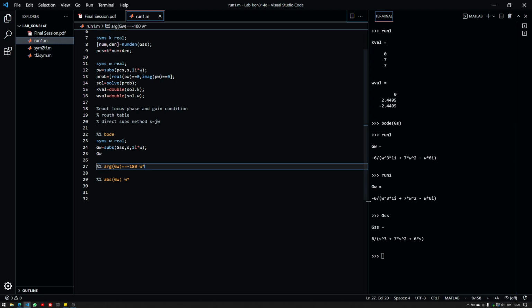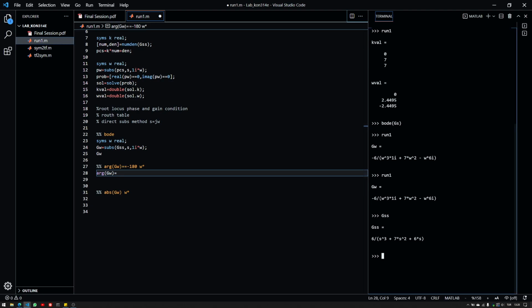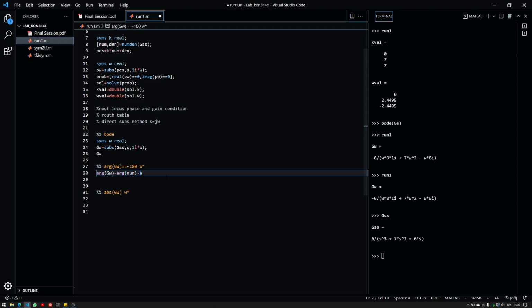Now I could calculate the argument of this. So let me type it out. Instead of calculating the argument of this, if this is a fraction, I can get the argument of the numerator, which is minus 6, and then get the argument of the denominator somehow, and then take the difference. So argument of numerator minus argument of denominator.